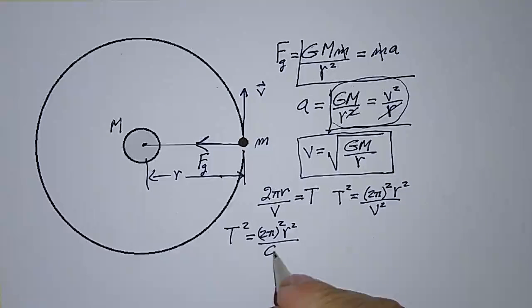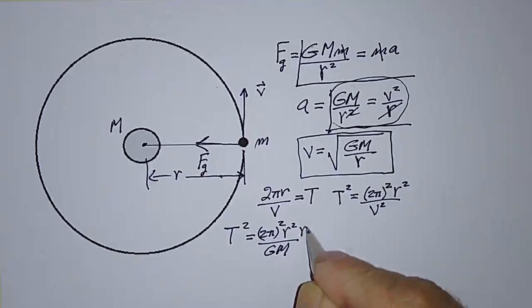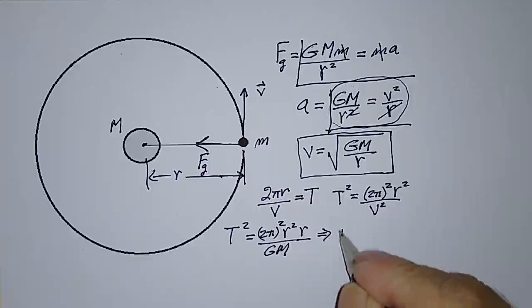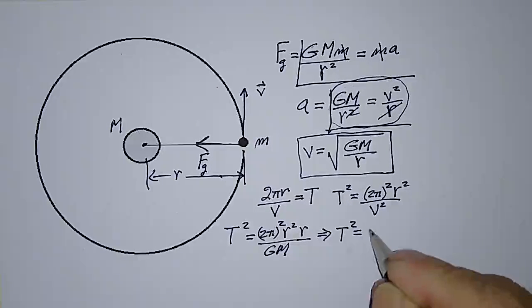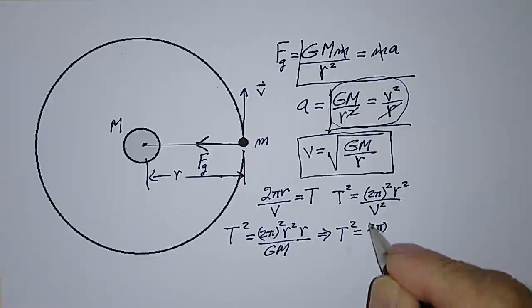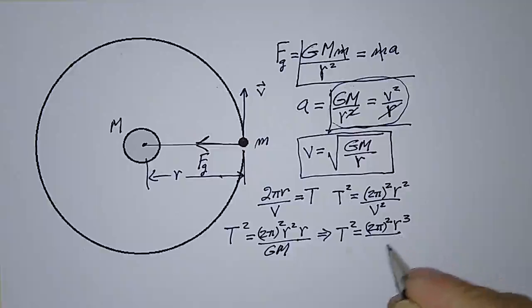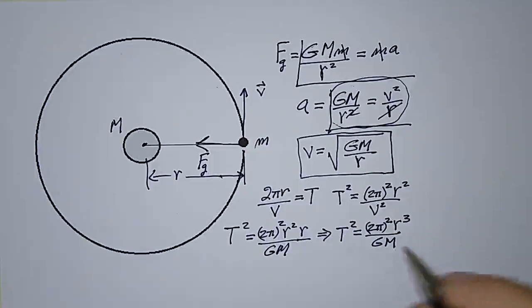So that's GM over r. That just puts another r up in the numerator. So this means then that t squared is equal to 2 pi squared times r cubed divided by G times M.